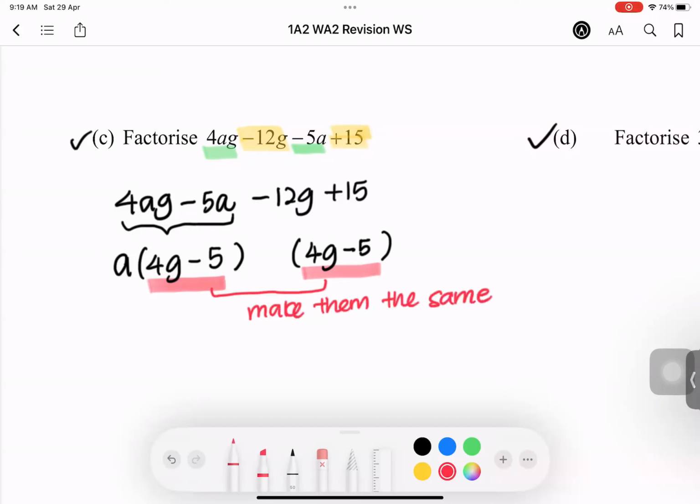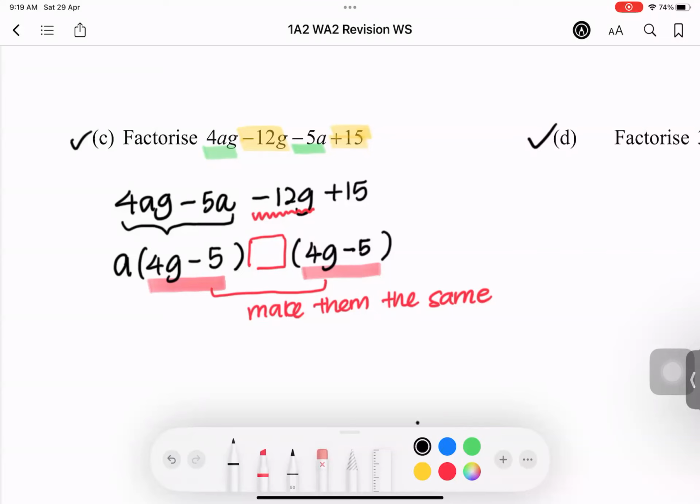Then I need to think what number, positive or negative, I should put down inside this bracket. This one is negative 12G. How do I make it positive 4G? Should I factorize out a positive 3 or a negative 3?